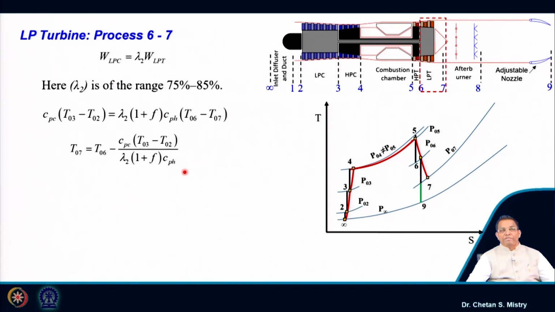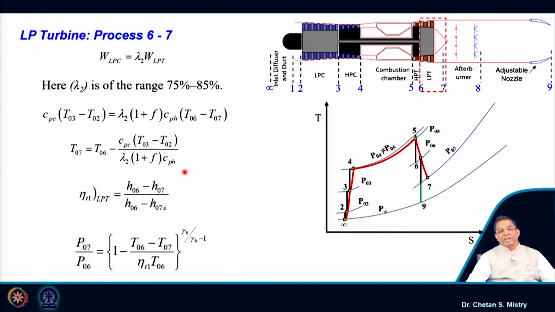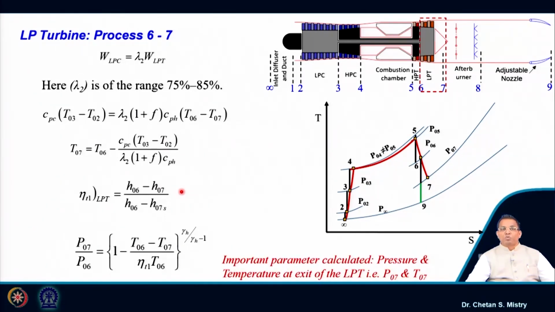Same way, in order to calculate my exit pressure, I will take help from my efficiency term, that is my LP turbine efficiency, which correlates pressure and temperature. Based on that, we are able to calculate the temperature and pressure at the exit of our LP turbine.